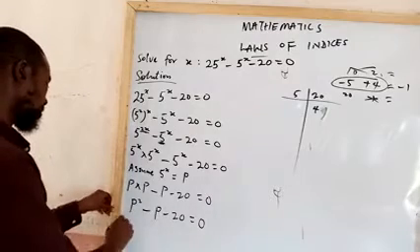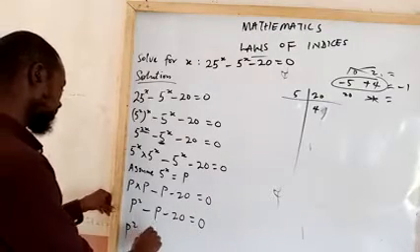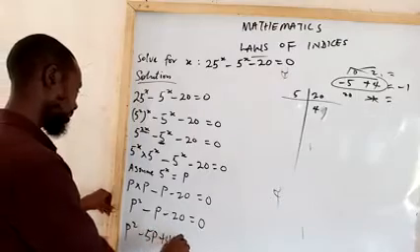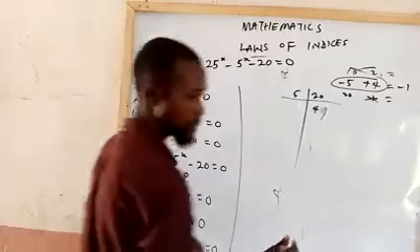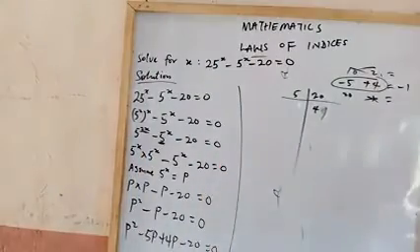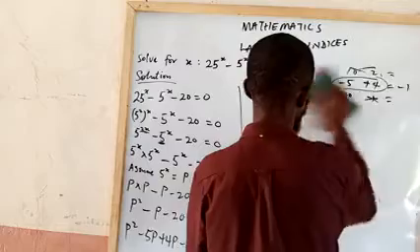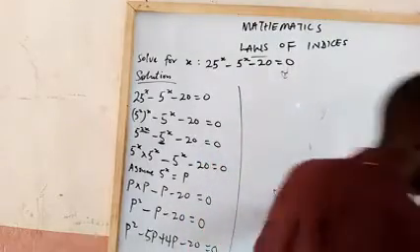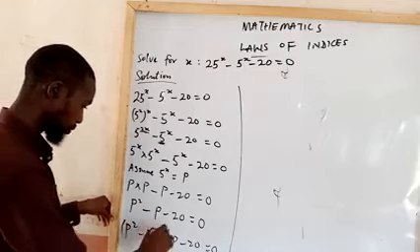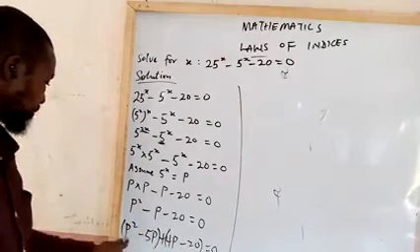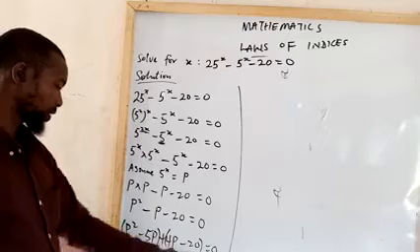So that becomes P squared minus 5P plus 4P minus 20 equal to 0. I'm now going to group it in two, like this. P squared minus 5P plus 4P minus 20.